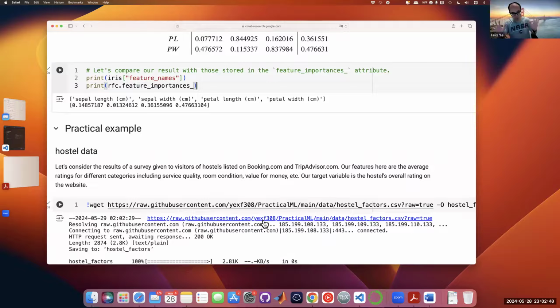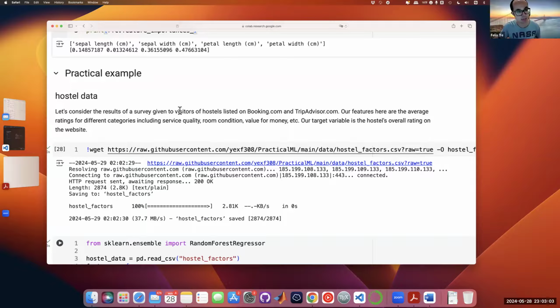Okay, since we have been working on synthetic data in the past couple of examples, let's try a practical data set. This data set comes from a survey given to visitors of hostel listings on Booking.com and TripAdvisor. The features are average ratings of different categories, including service quality, room condition, value for money, and so on. In the end, we want to predict the hostel's overall rating on this website.